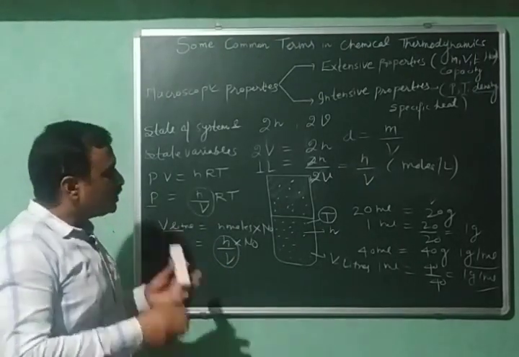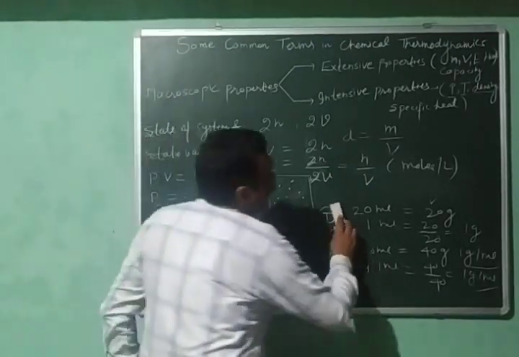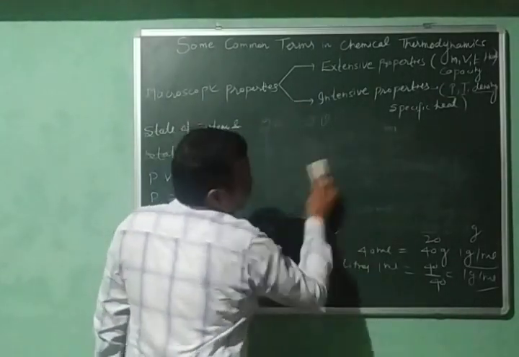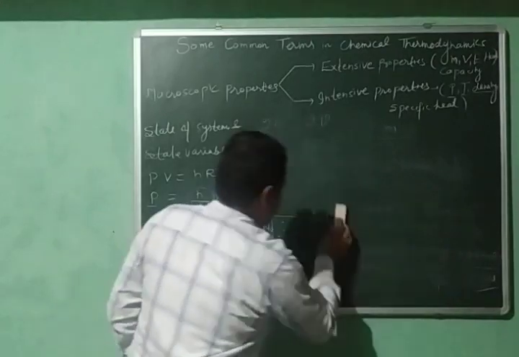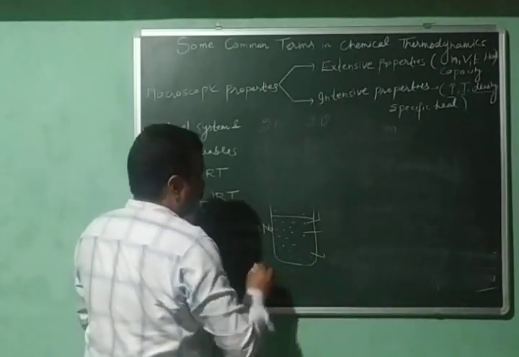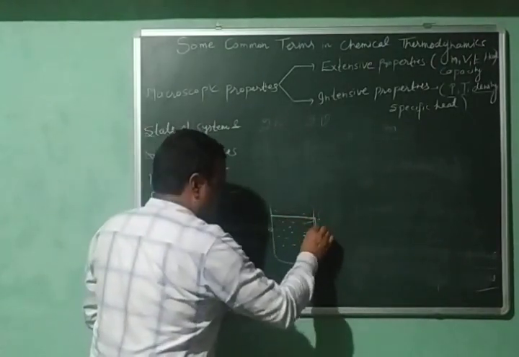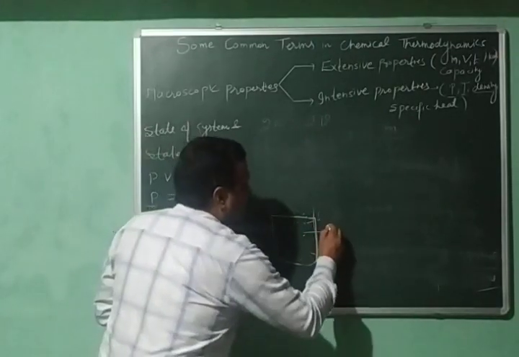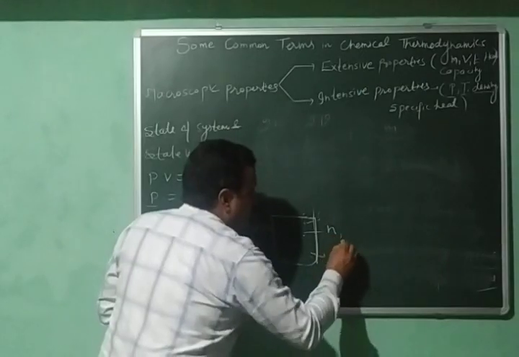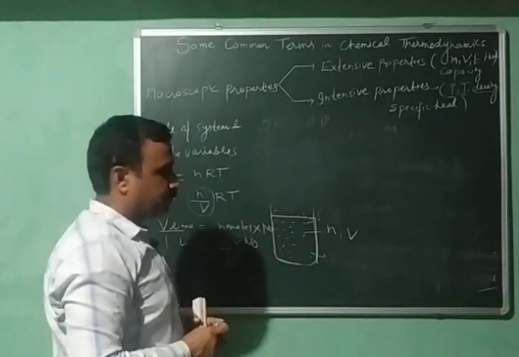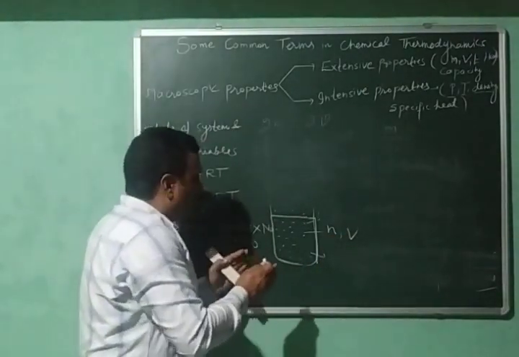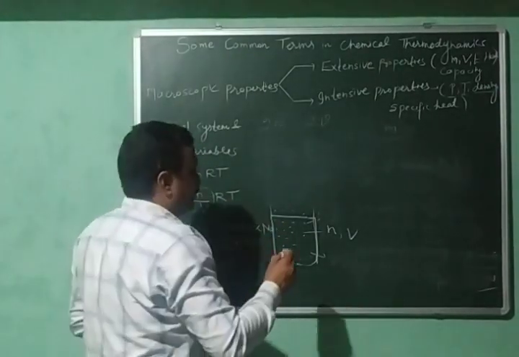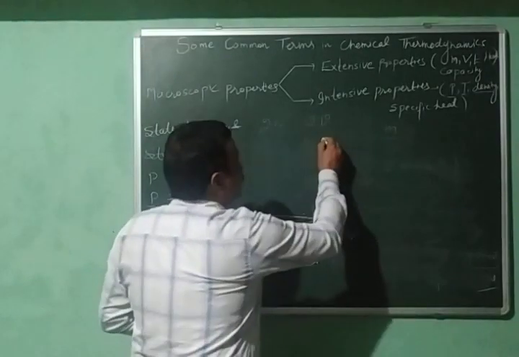Okay, suppose I halve the volume. Initially I was having this volume of the gas, and in this volume I was having n moles in V liters. Now I divide this container into 2 equal halves, like this.